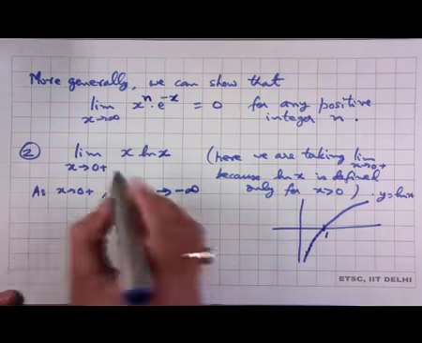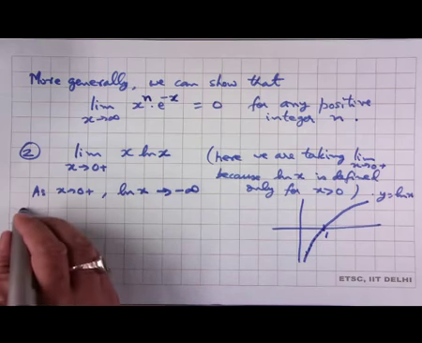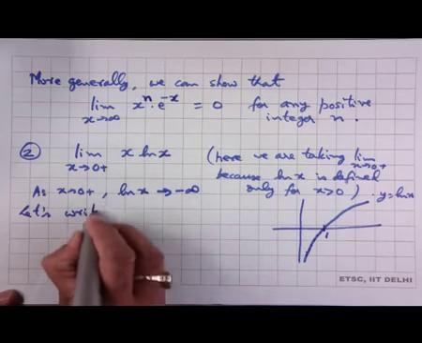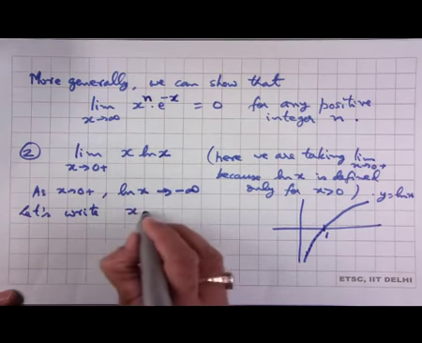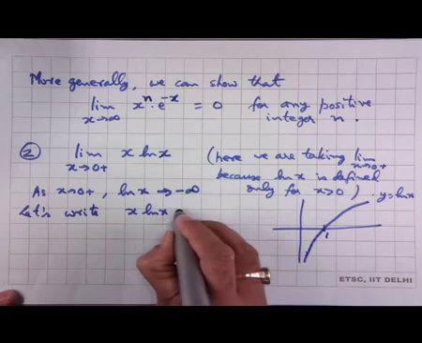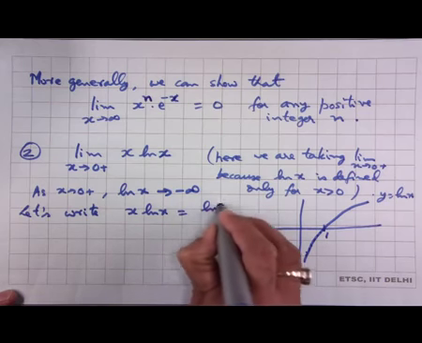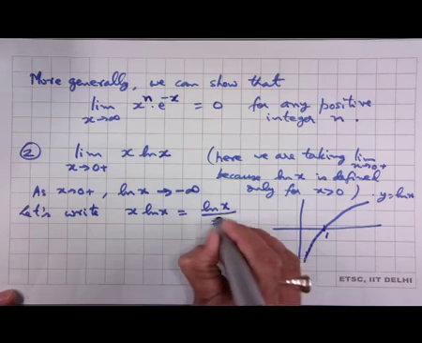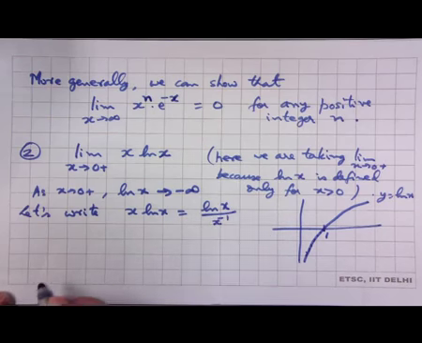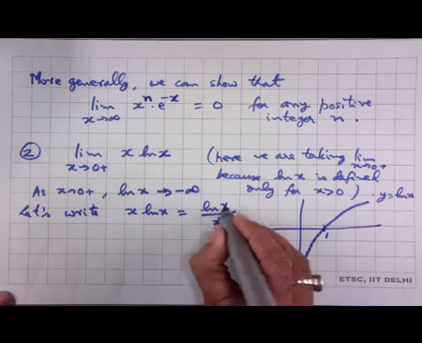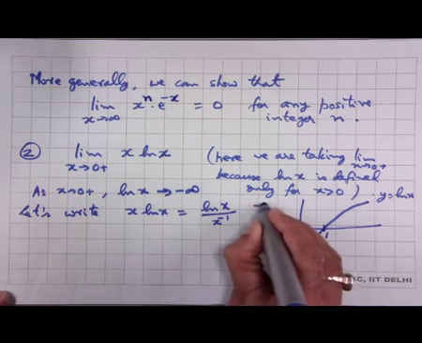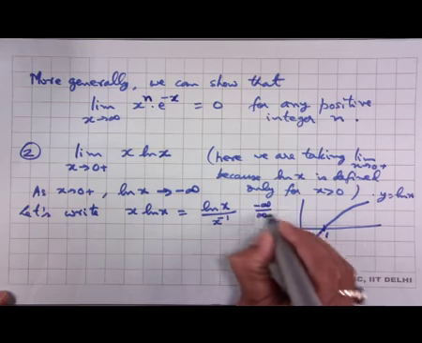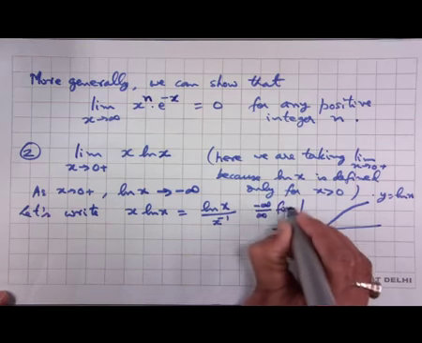So let us write x log x, this is equal to, we can write this as log x divided by x to the negative 1. Now, this is the numerator goes to negative infinity, denominator goes to positive infinity. So, this is negative infinity by infinity form.